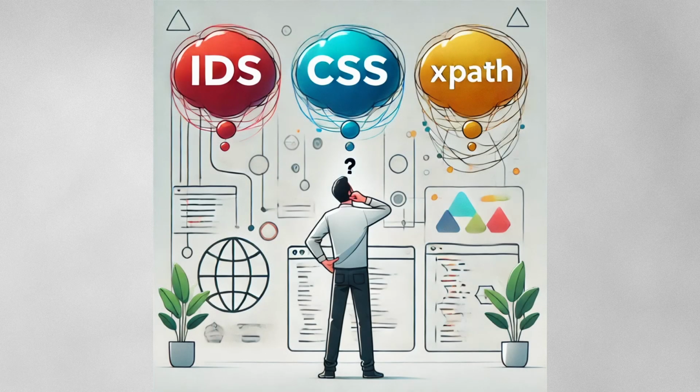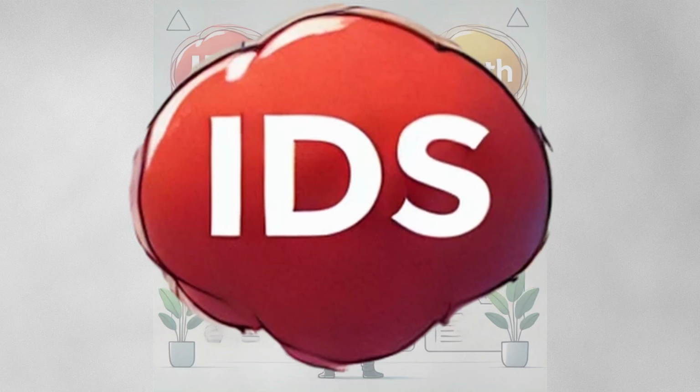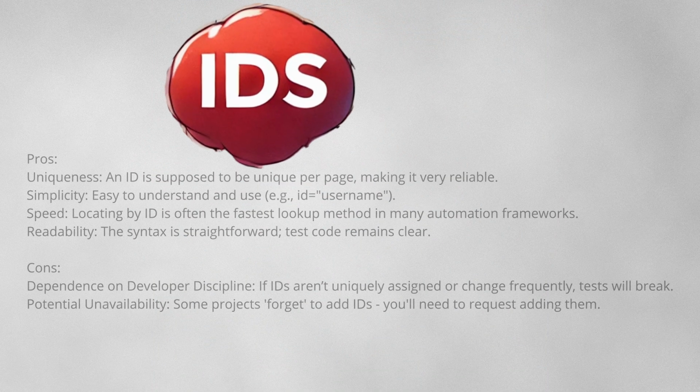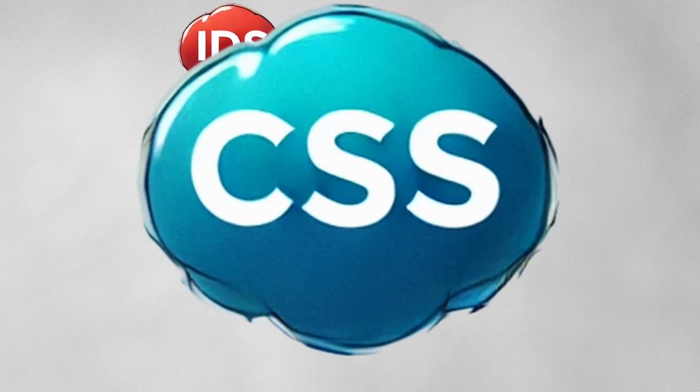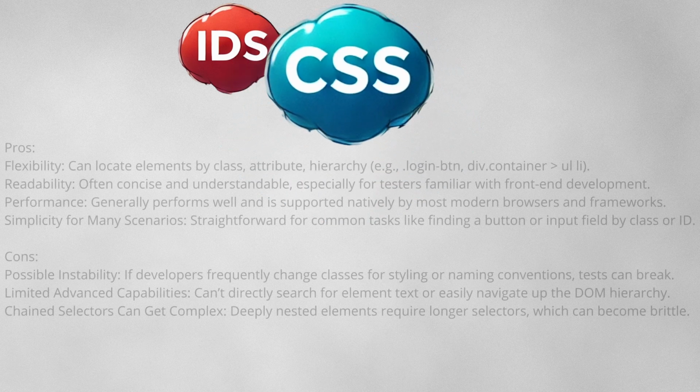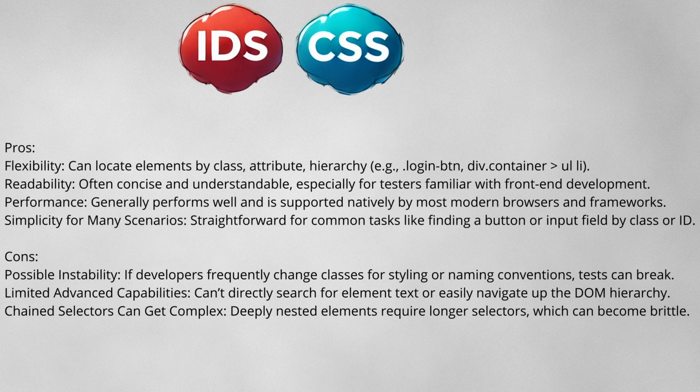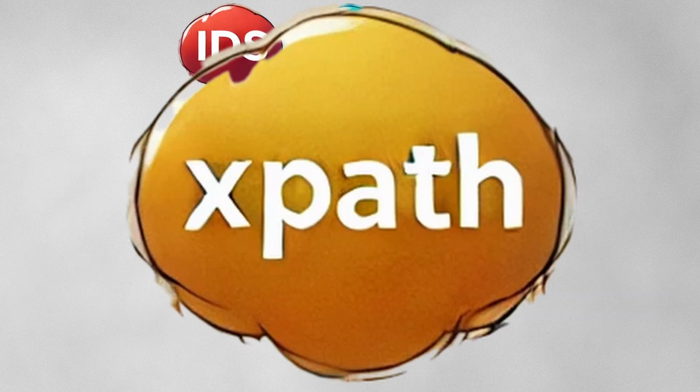How do you decide which locator strategy to use? Start with IDs. If the development team provides unique and stable IDs, use them first. They are simple and less prone to breakage. Use CSS selectors if IDs aren't available. CSS is often the next best choice. They are readable and easy to maintain.